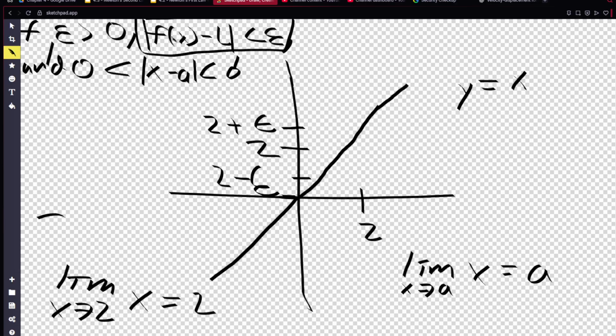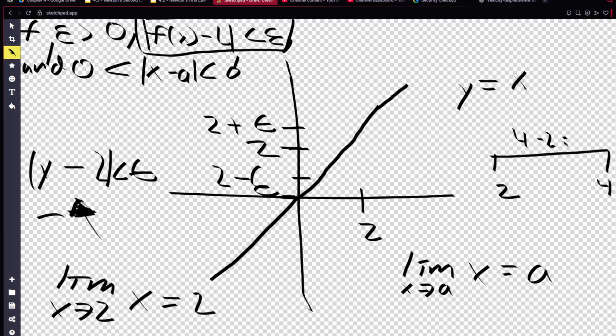So what does this mean? f of x is the function output, so it's going to be y here, minus L, which is the limit value, which here will be 2. So the absolute value of y minus 2 has to be less than epsilon, and epsilon is that preassigned distance. So remember, this is the distance. Absolute value simply gives you the distance. So for example, if we have a number line here from 4 and 2, the distance between these two is just going to be 4 minus 2, which is equal to 2.